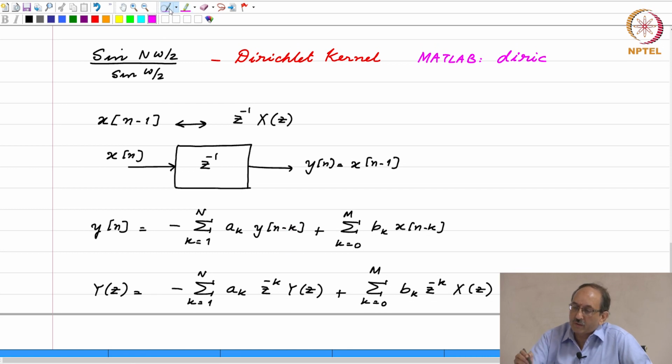This is the reason why this class is so important. The other icing on the cake is it is not merely realizable, but it also gives rise to transfer functions that are extremely useful in practice. There is no point if this is realizable but does not produce many useful transfer functions. It does provide a large variety of transfer functions that are extremely useful and can also be realized.